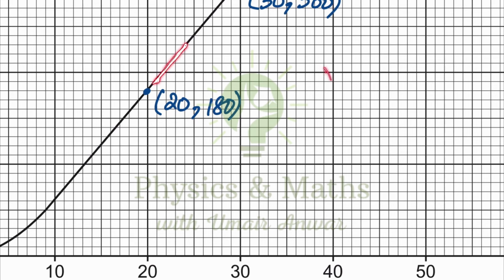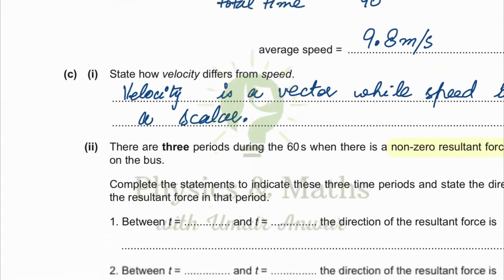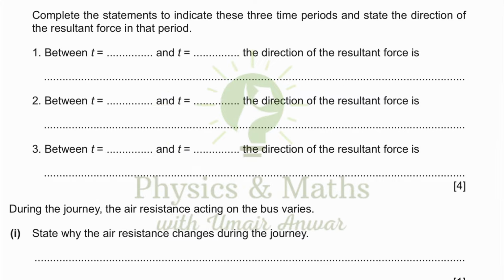When an object is going through a curve, it is following a part of the circular path on which it is moving. And when something is moving in a circle, the resultant force is always directed towards the center of the circle, or it is perpendicular to the direction of movement. So we are going to mention these 3 parts here.